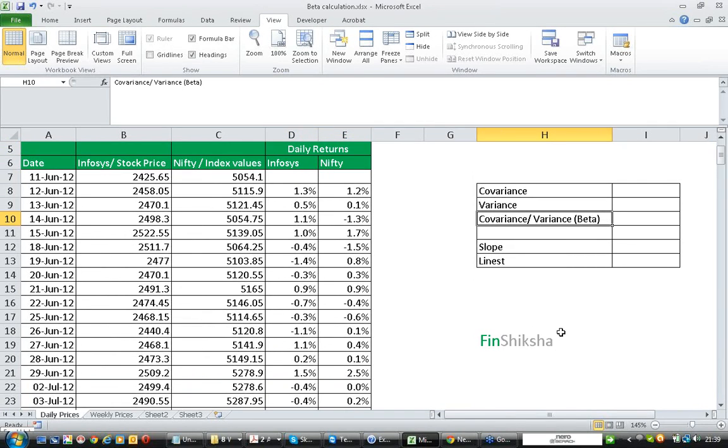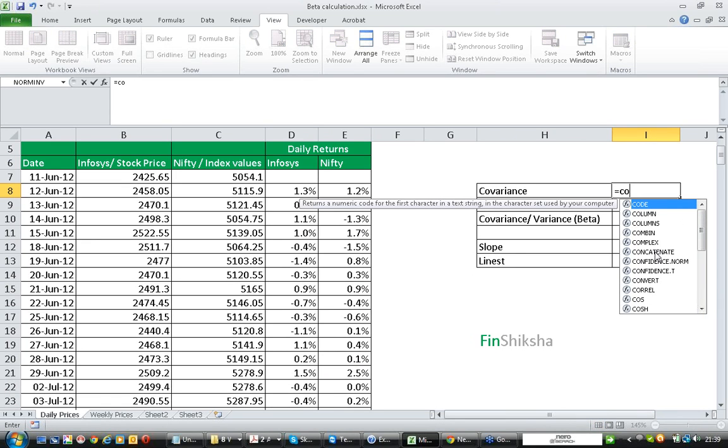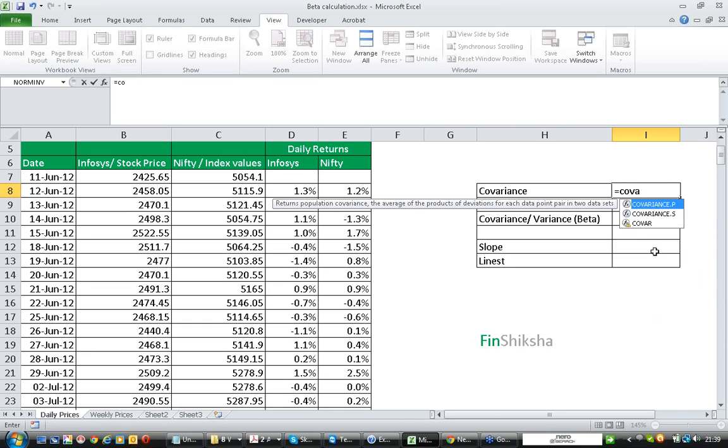Now we know that beta will be given by the formula covariance between stock and the market divided by the variance of the market. Let's calculate this. Covariance will be given by formula in Excel called COVAR, C-O-V-A-R.